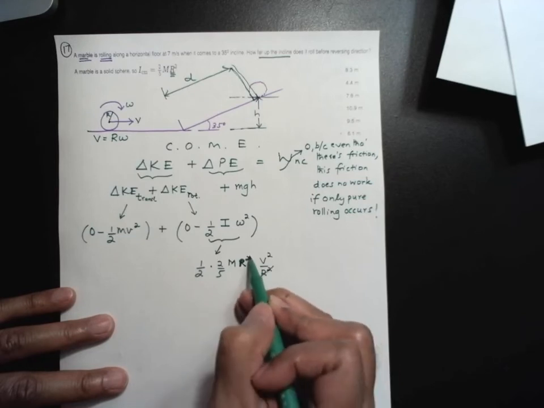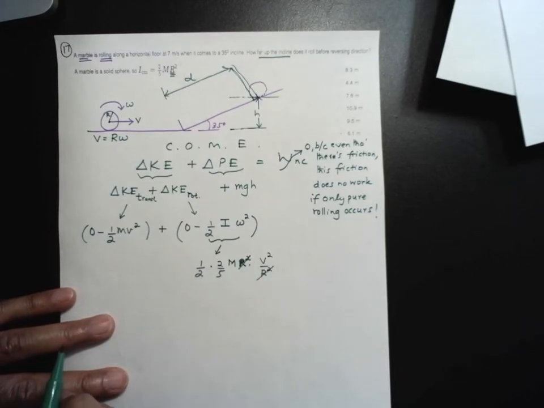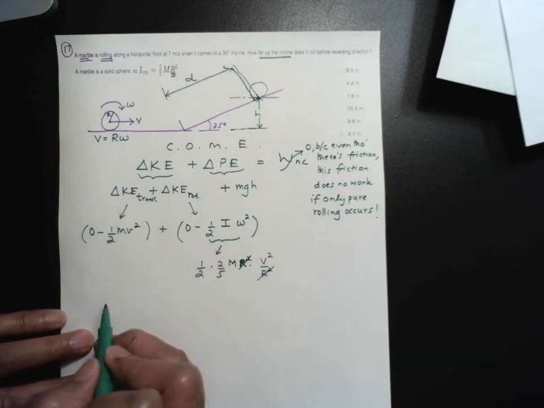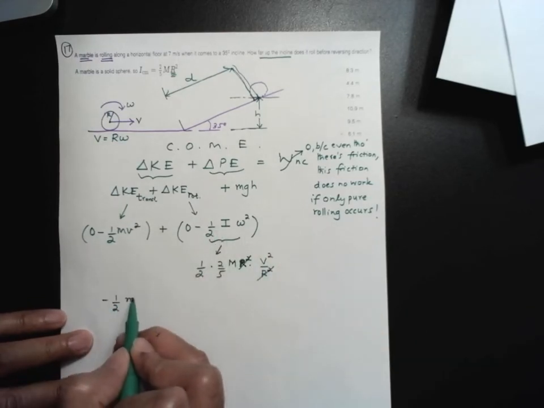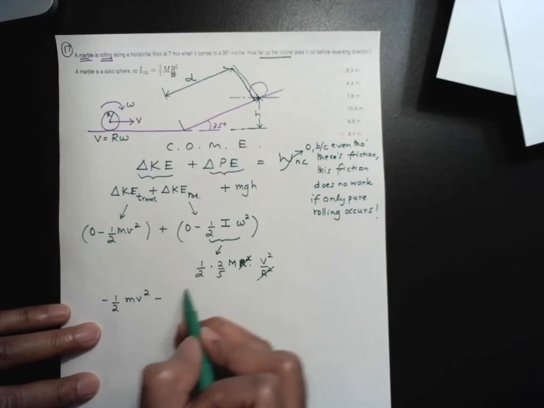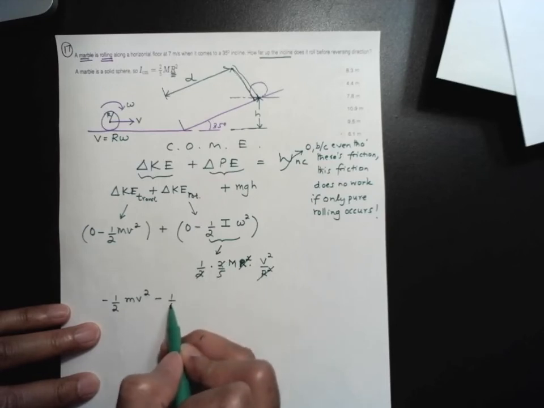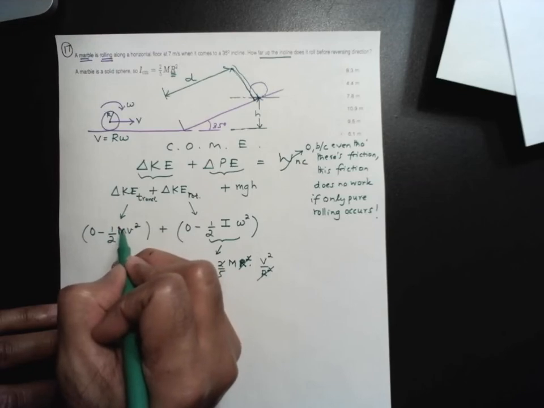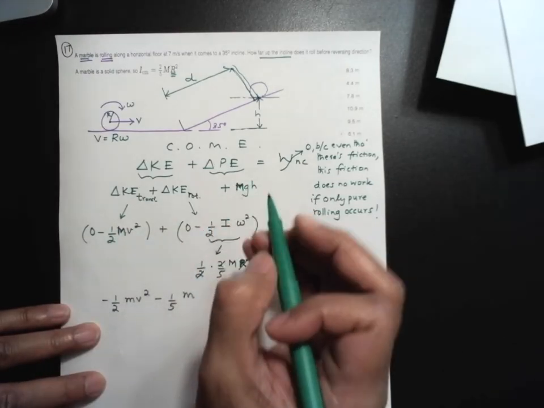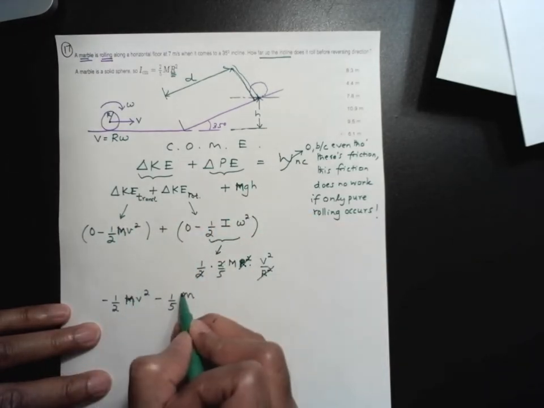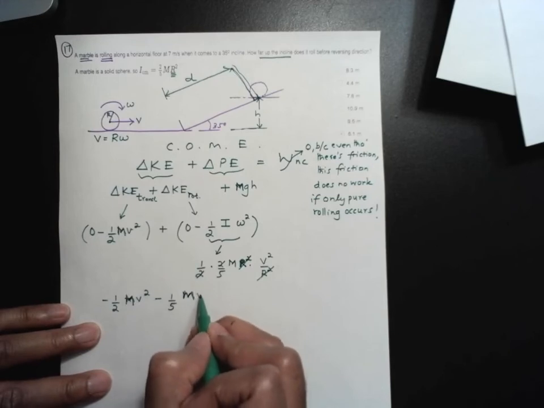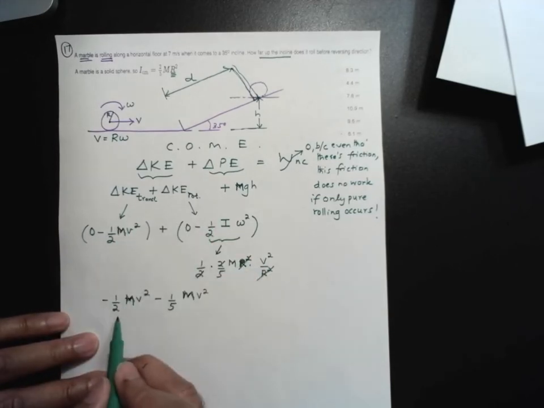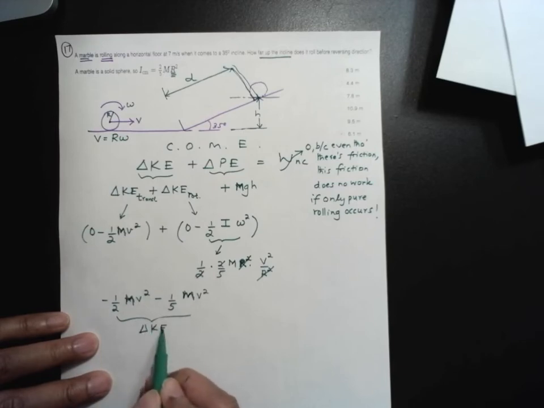And so you notice that the radius cancels. So putting all of this together, I have a minus 1/2 mv squared and a minus 1/5 mv squared, right? So that's your change in kinetic energy, total.